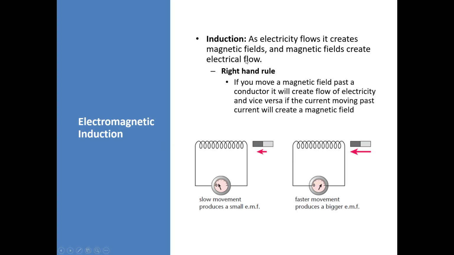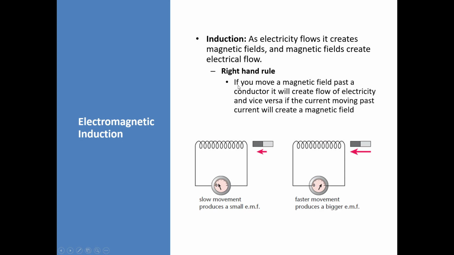Induction is a two-way process where electron flow creates magnetic fields, and if we move circuits through magnetic fields, we create electrical flow. That's all you really want to know about induction here. It's a two-way process: first, electron flow creates magnetic fields; second, magnetic fields create electrical flow. So it goes both ways.